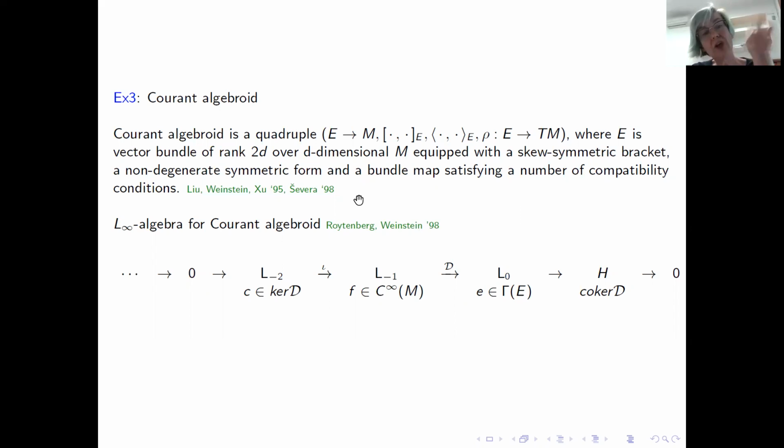It was shown by Roytenberg and Weinstein that, given a Courant algebroid, you can write an L-infinity algebra for it. This observation is based on the following: you can extend the Courant bracket to the whole of this resolution space of H, and then define an L-infinity structure on this space.